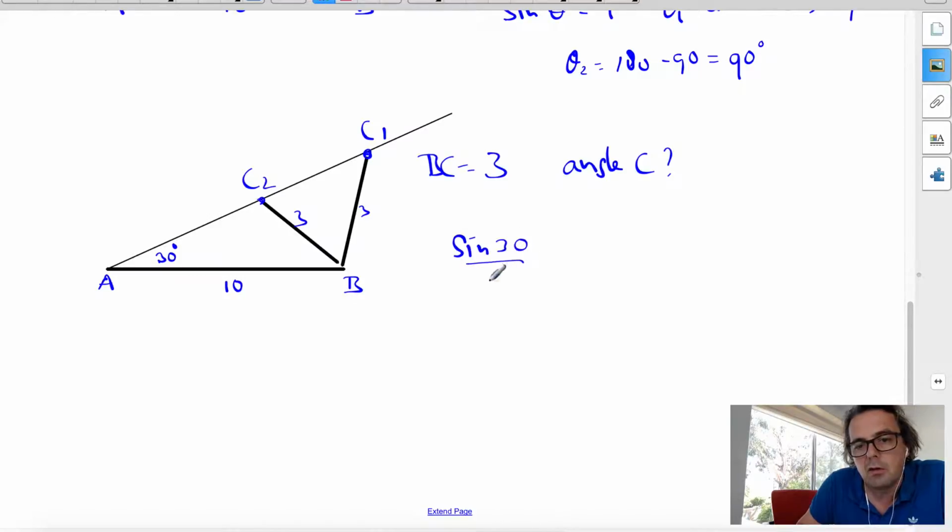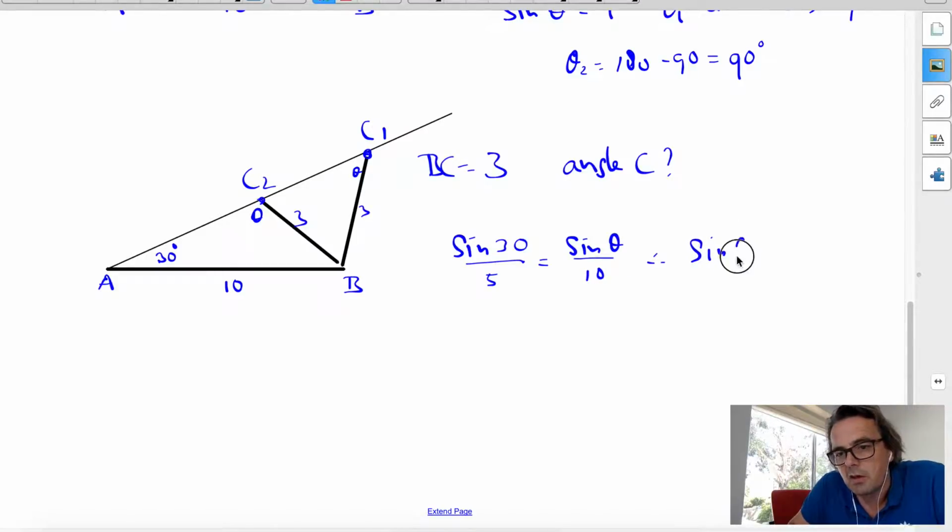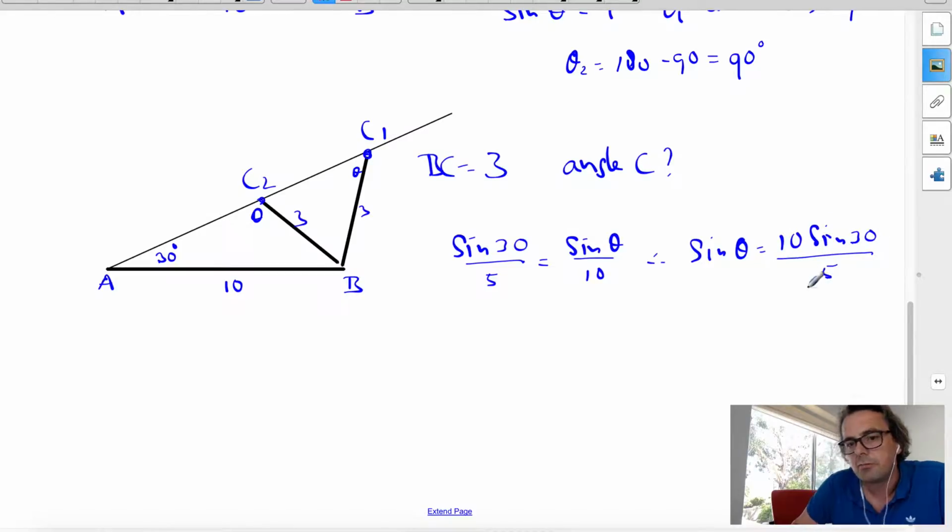Sine 30 over 5 equals the sine of theta, so there's theta again, over 10. Rearrange it and say sine theta is 10 sine 30 over 5. Sorry, I'm messing it up now, big time.